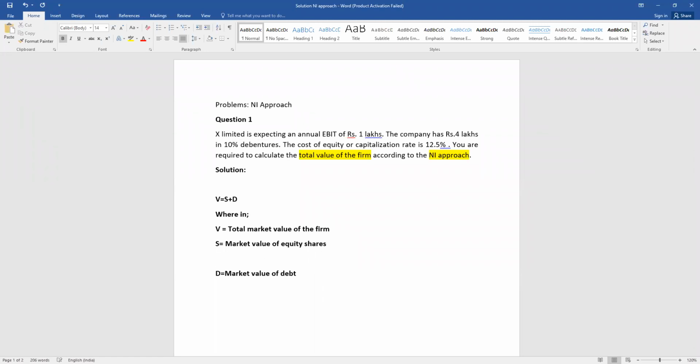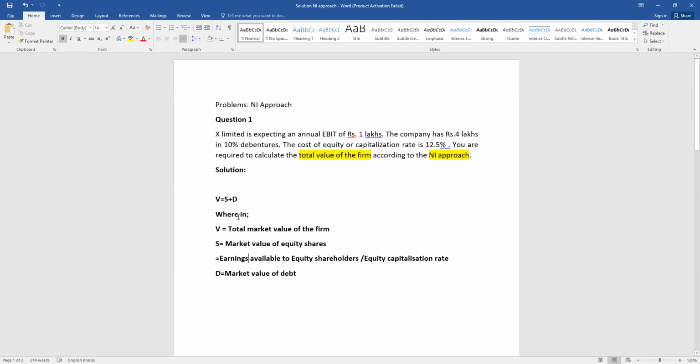If that is the case, you are going to calculate S, that is market value of equity shares, by using a formula called earnings available to equity shareholders divided by equity capitalization rate. Am I clear?